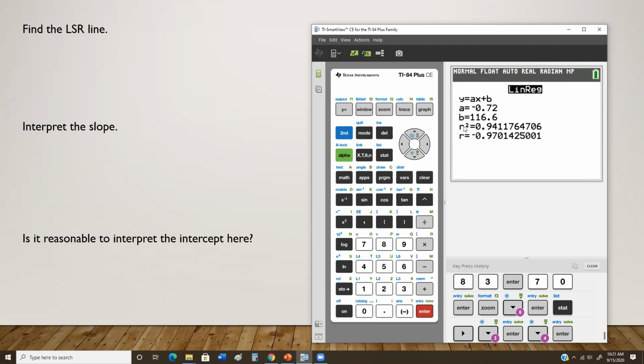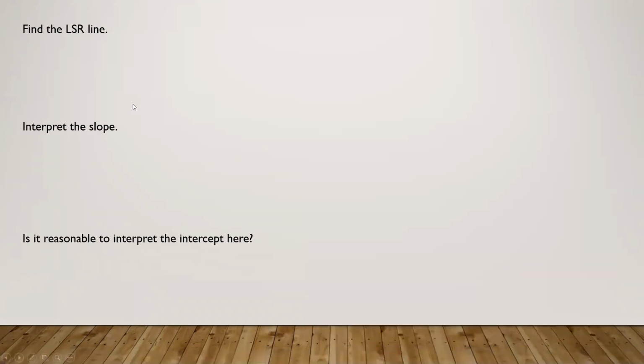And the intercept, the b value the calculator calls it, is 116.6, okay? So find the least squares regression line. All right, y hat is equal to the formula we had. I'm just going to call it ax plus b here, using calculator notation.